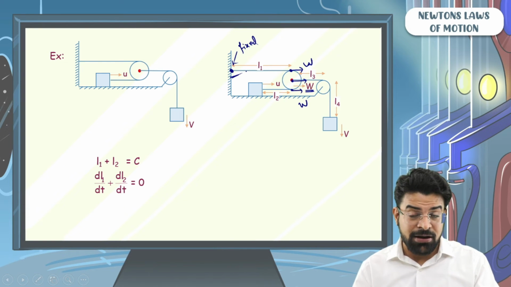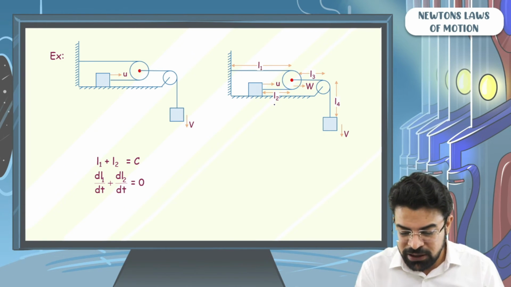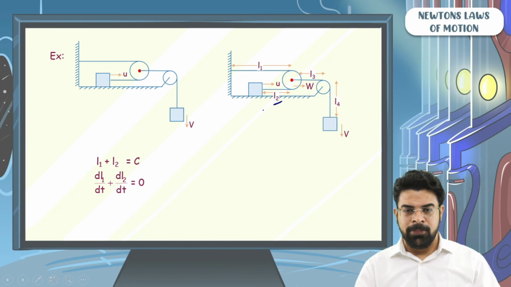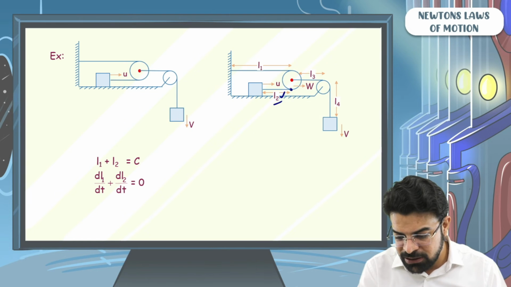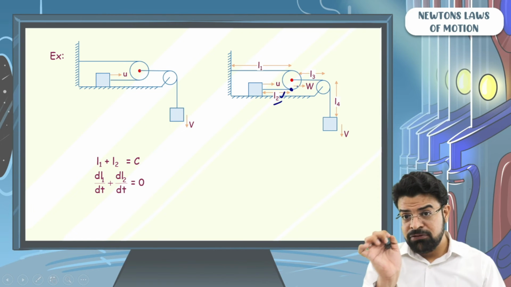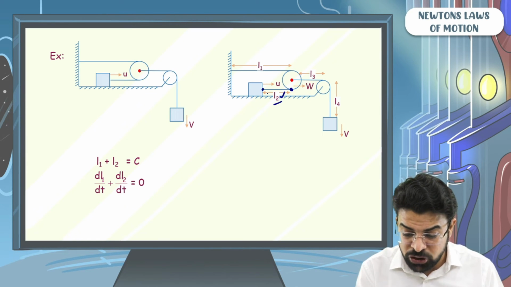Okay. Now comes the catch. How will you write dl2 by dt? Sir, when we look at the length 2, the right end is where we have the pulley and the left end is on the block.